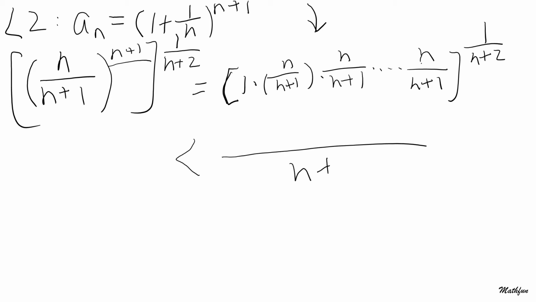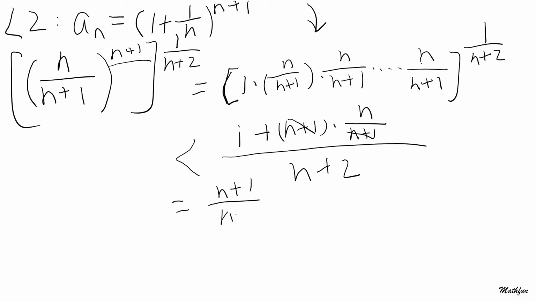Now the same idea, this will be smaller than the sum divided by n plus 2, and you have 1 plus, how many total? n plus 1, so n plus 1 times n over n plus 1, and this one cancels out, isn't that true? So this one equals n plus 1 over n plus 2.